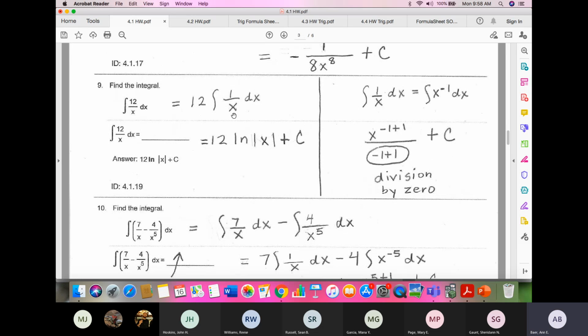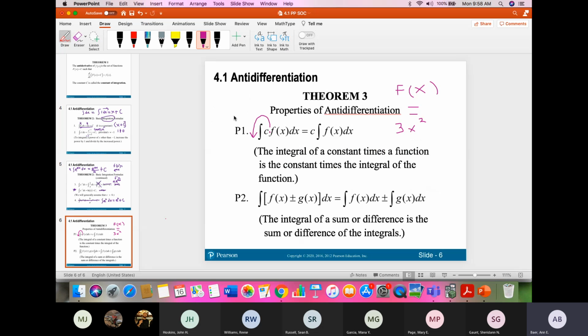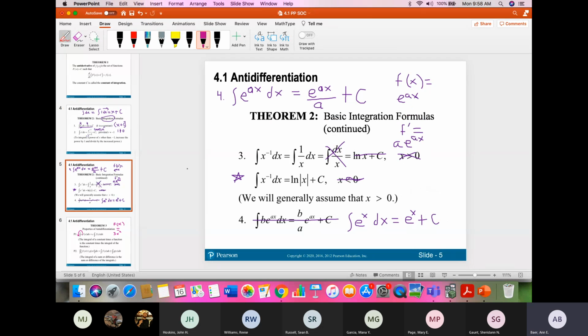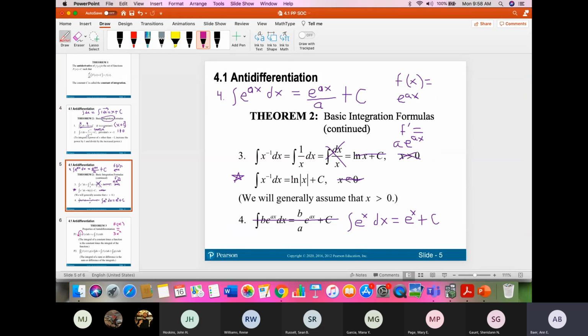Now 1 over x, our rule. What did our rule tell us? If we want to integrate x to the -1, well, that x to the -1 is really 1 over x, like this. 1 over x to the +1. So that's what we really have.